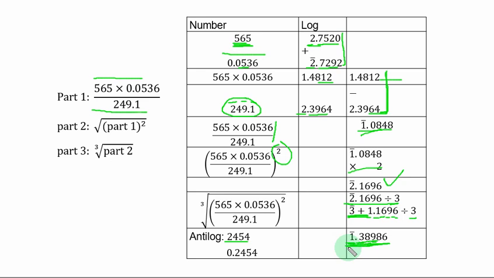But because it is bar 1, it implies 1 zero to the left. If you have bar 2, it implies 2 zeros to the left, and so on. So the final result is 0.2454.